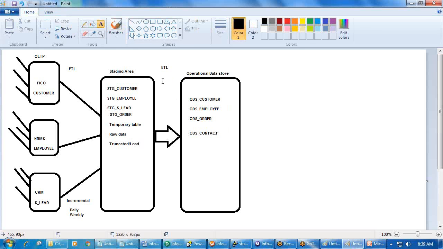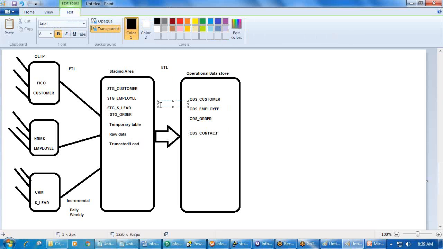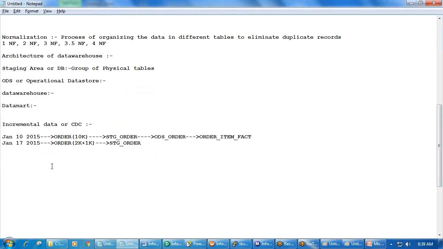So when we are defining an ETL process here, we'll actually transform the data. What do you mean by transformation? It is nothing but the data transformation. When you talk about data transformation, it means modifying the data from one form to the other form, or applying the business rules, applying the business validations. This is called a data transformation.